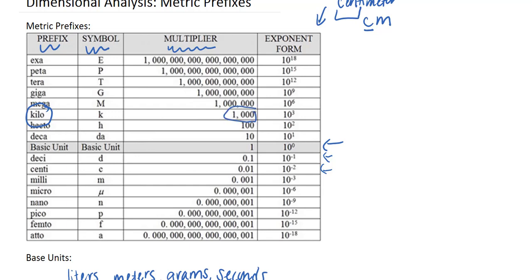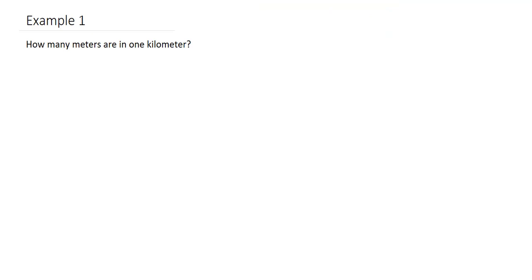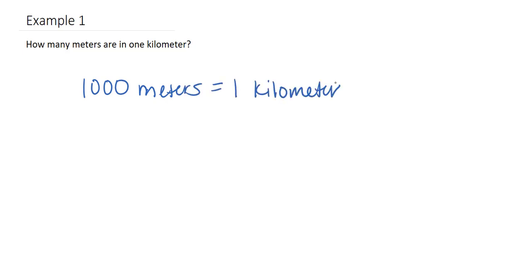What does that really mean? If the multiplier is 1,000, it means that we have to have 1,000 meters to equal 1 kilometer. So the kilometer is much larger. There's 1,000 meters in a kilometer. That's how we can read the table.